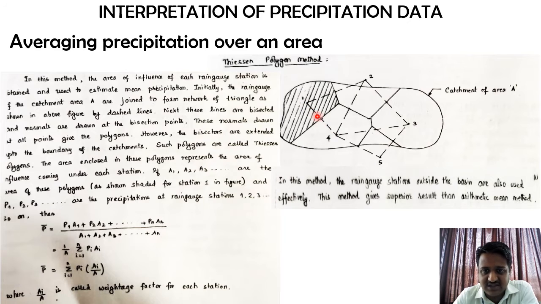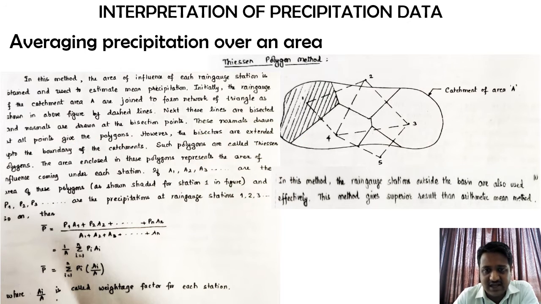How this intersection is done is that we first bisect these dotted lines, and then we draw the normal at that bisection point. That is how you need to do it for all the sections. These normals drawn at all the points give the polygons.